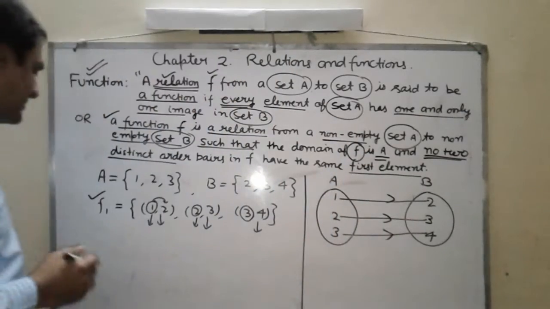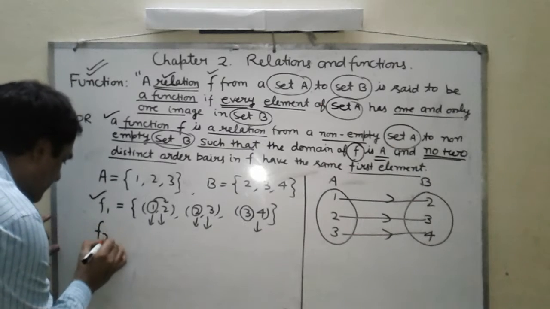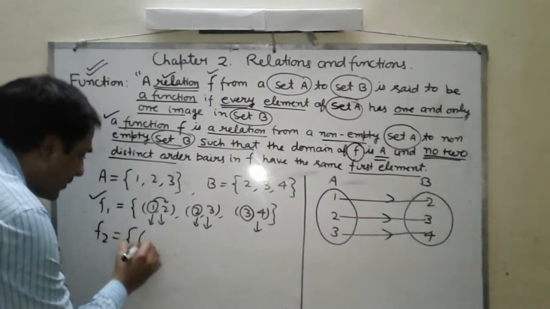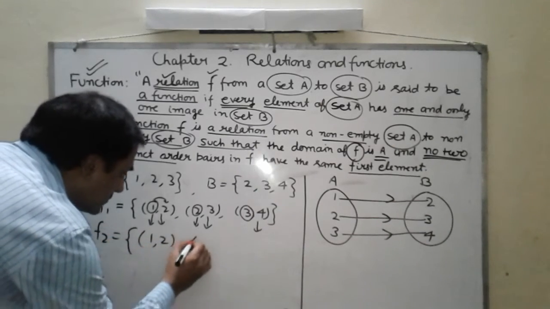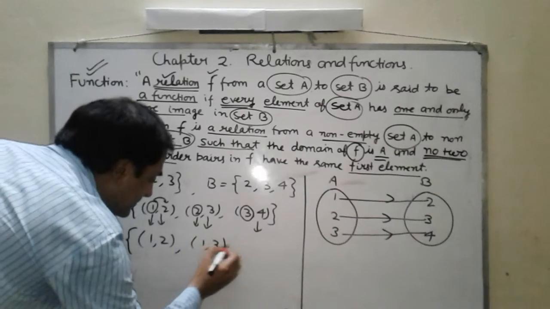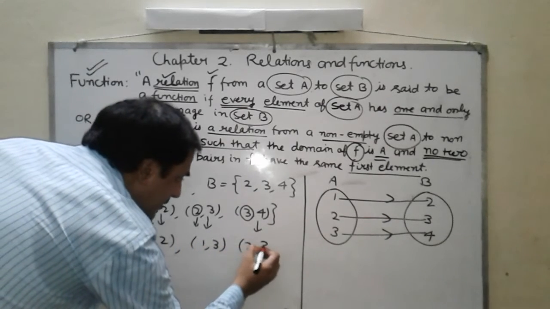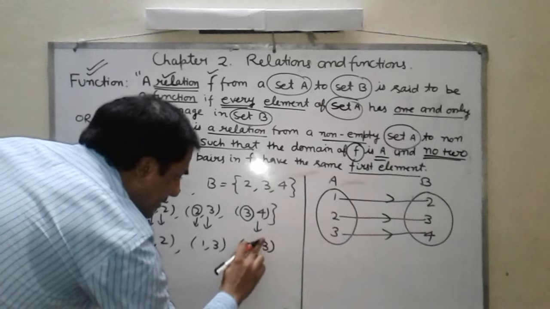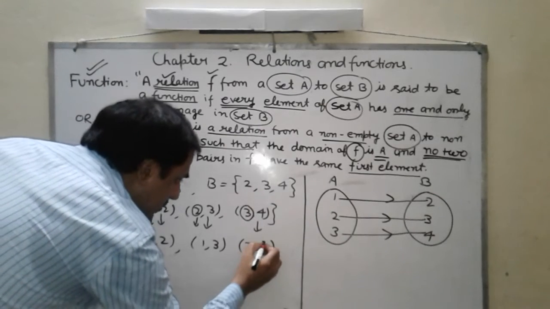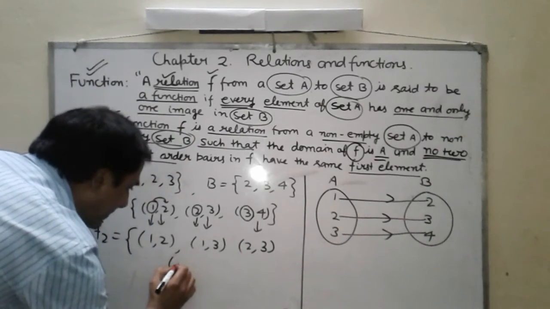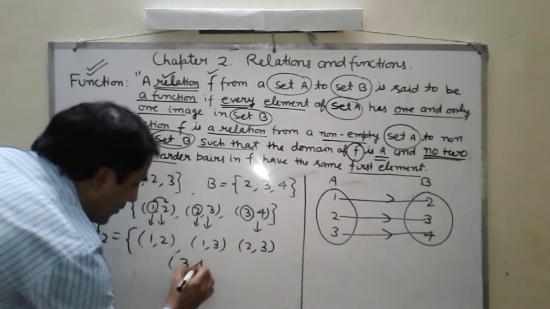Now I am taking another example, F2: (1, 2), (1, 3), (2, 3) and (3, 4).